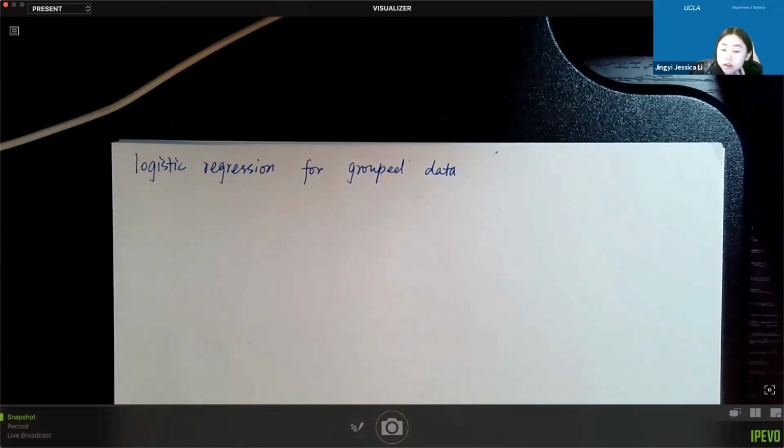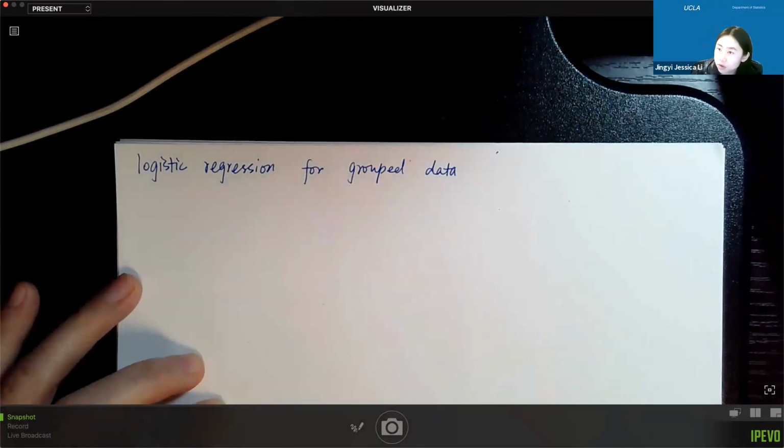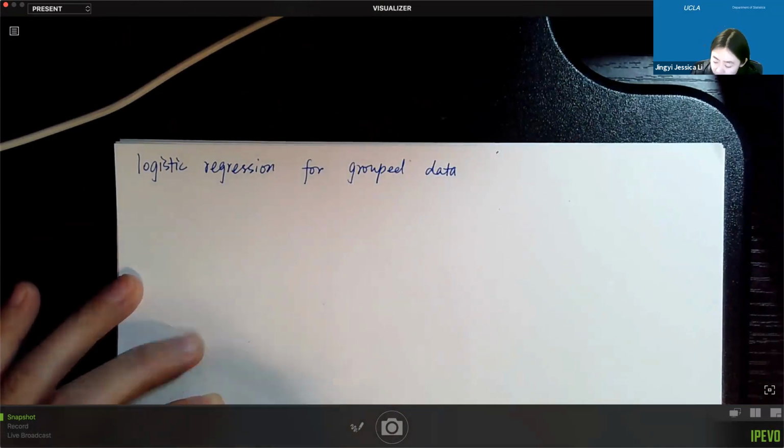So what do we mean by group data? You can consider group data as aggregation of binary data by predictor values.